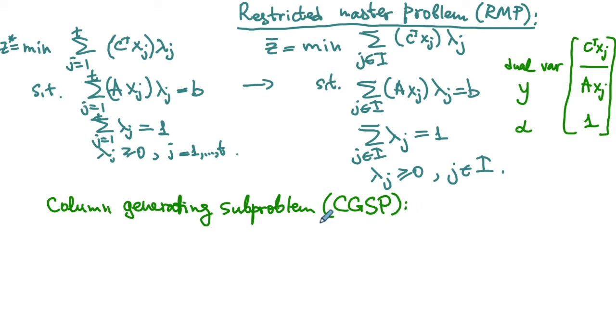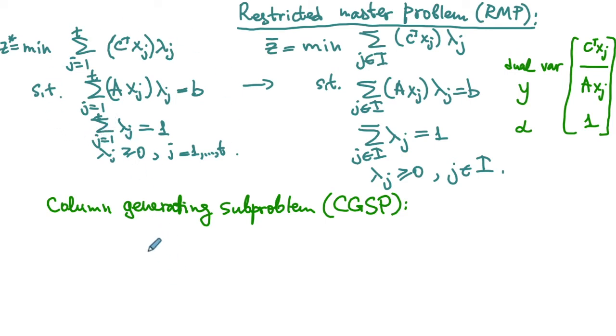So the goal of the column generating subproblem is to find the smallest reduced cost and then see if that smallest reduced cost is less than 0. If it is, then we obtain a new column that we want to generate for our restricted master problem. Otherwise, if the smallest reduced cost is non-negative, then we conclude that the current optimal solution to the restricted master problem is indeed optimal to the master problem, and we are done.